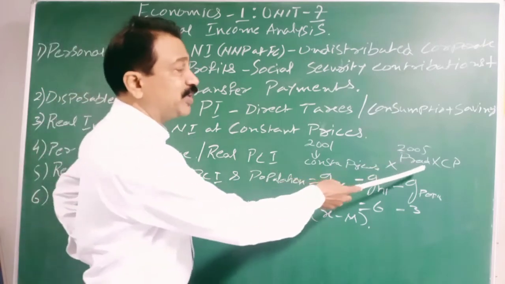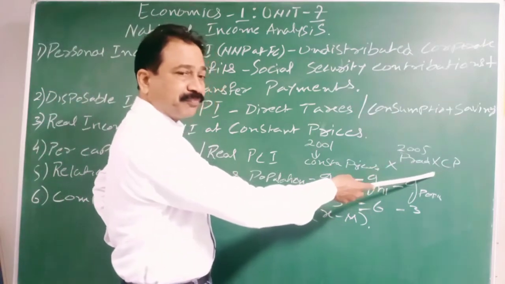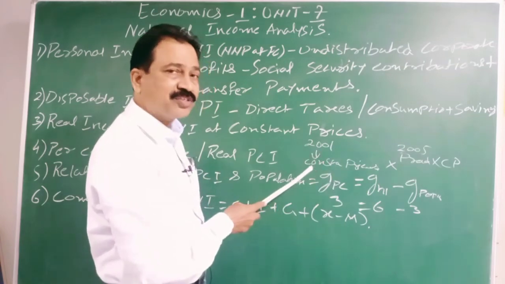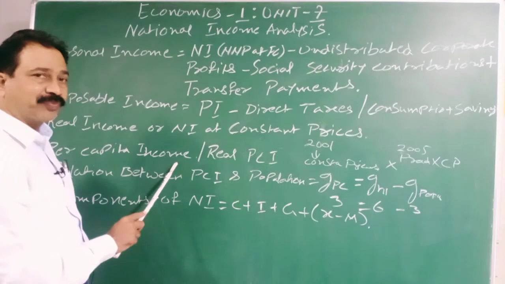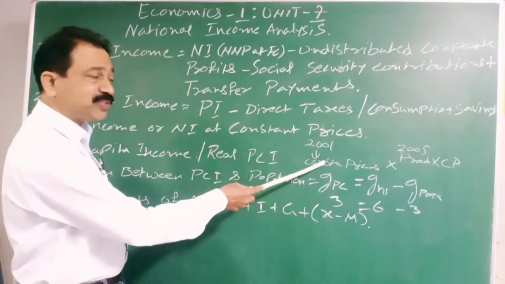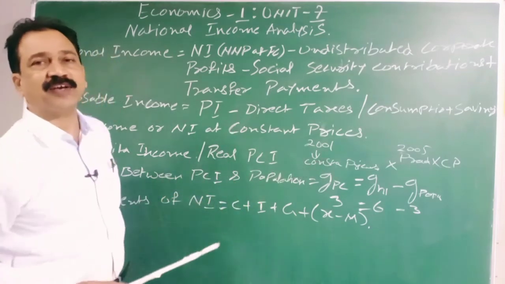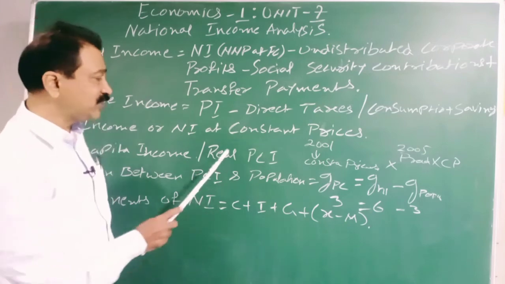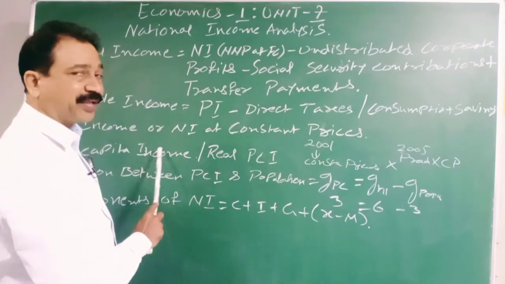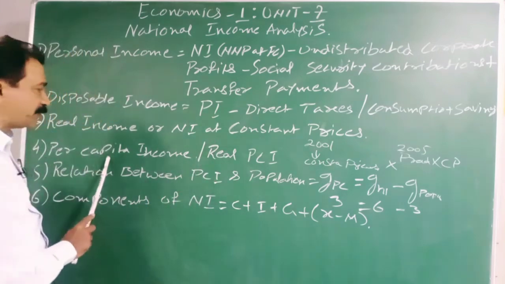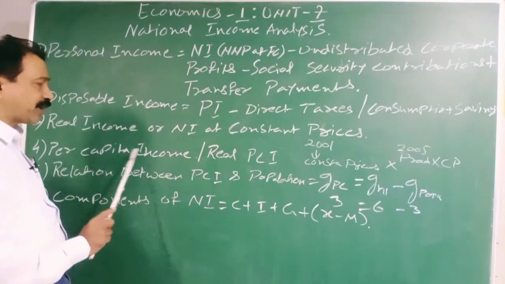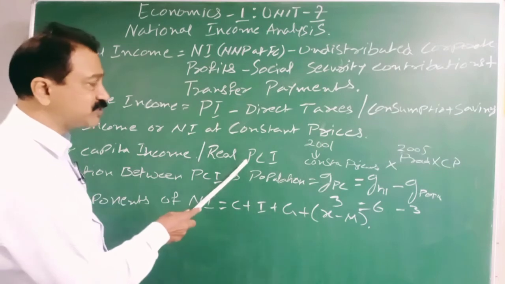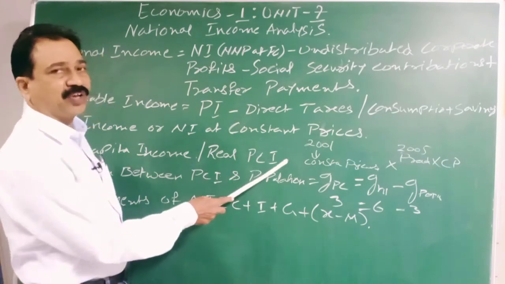That means 2020 current prices gives per capita income, and 2001 constant prices gives real per capita income. In this way we calculate per capita income at two levels, in current prices and in constant prices. In current prices we call it per capita income, in constant prices we call it real per capita income.